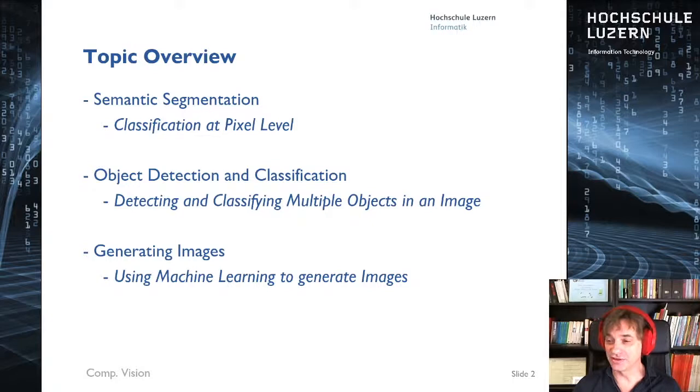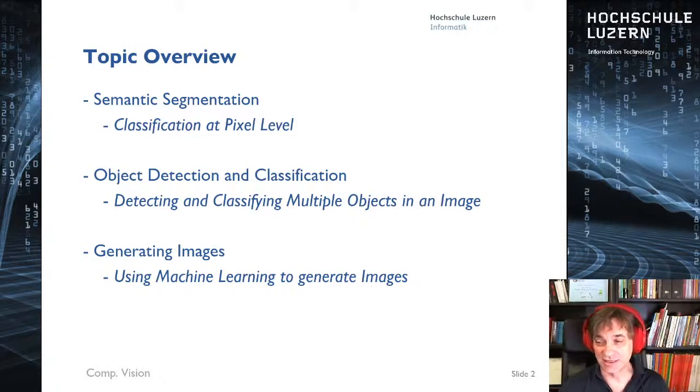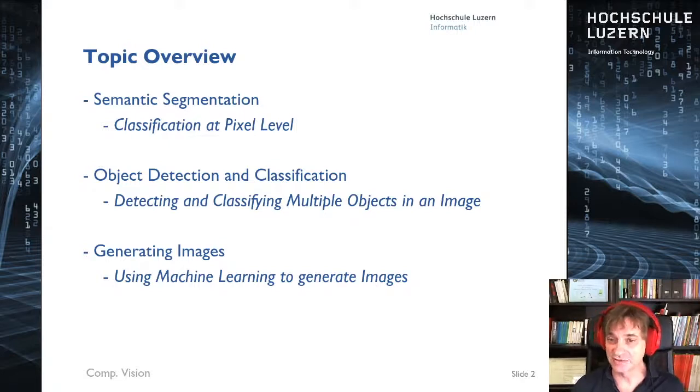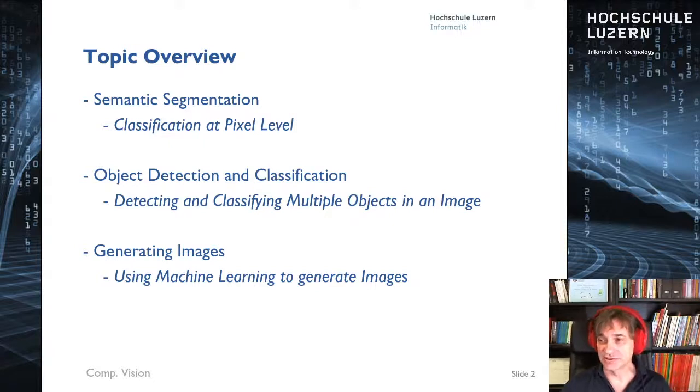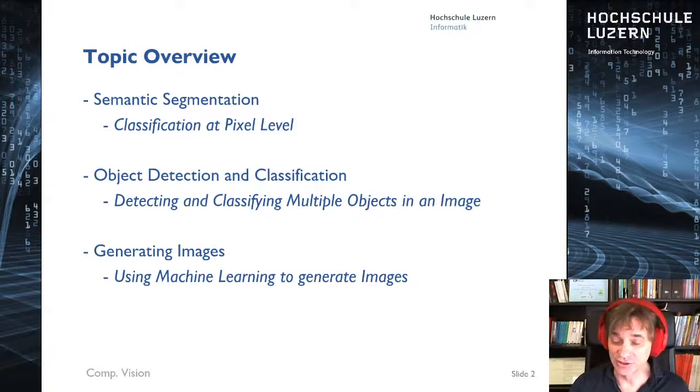You have already learned how to classify an object in one image, if only that object is in the image. But often we have multiple objects in an image. We would like to find all of them, classify them, and also localize where they are. And then the third topic will be generating images. We use different machine learning techniques to generate images.